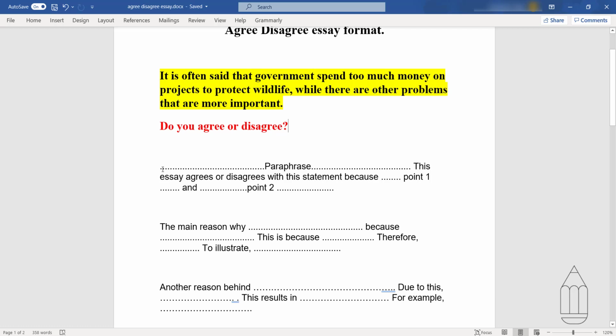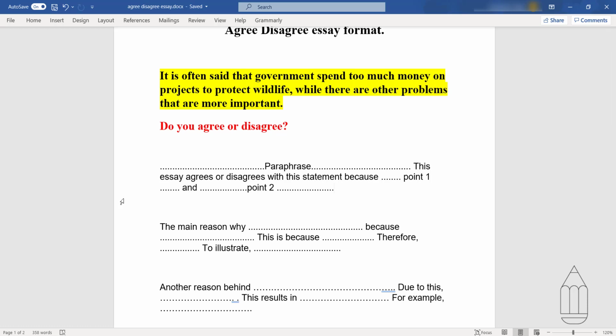So we have to think about the different vocabulary that we can use instead of using the same word. So the first thing that we are going to do is paraphrase this statement, and then we are going to give our view whether we agree or disagree with this statement. So you have to write it as it is. This essay agrees or disagrees with this statement, because you have to think about one point and you have to think about a second point.